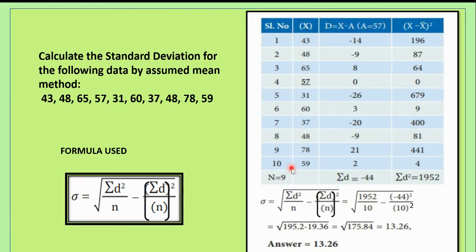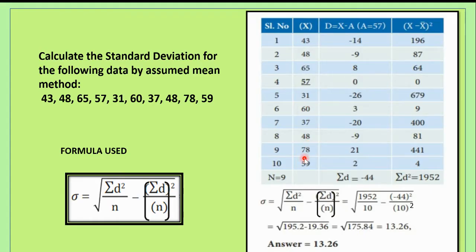Now, what do you mean by assumed mean? Out of these x values, you can take one value as the assumed mean. That is your choice. It can be any number in this column: 43 or 65 or 57 or 31 or 78 or 59.